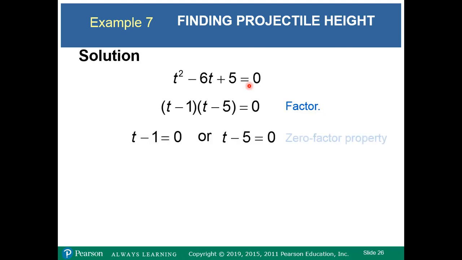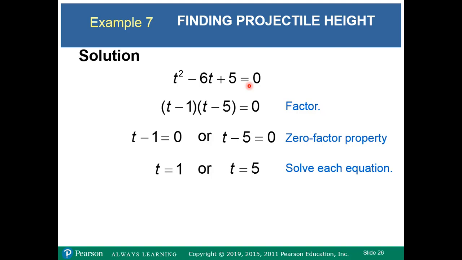The zero product principle tells us that t is equal to 1, or t is equal to 5. So what does this tell us? This is telling us that the height of the projectile is equal to 80 feet when t is equal to 1 second, or t is equal to 5 seconds after the projectile is launched.